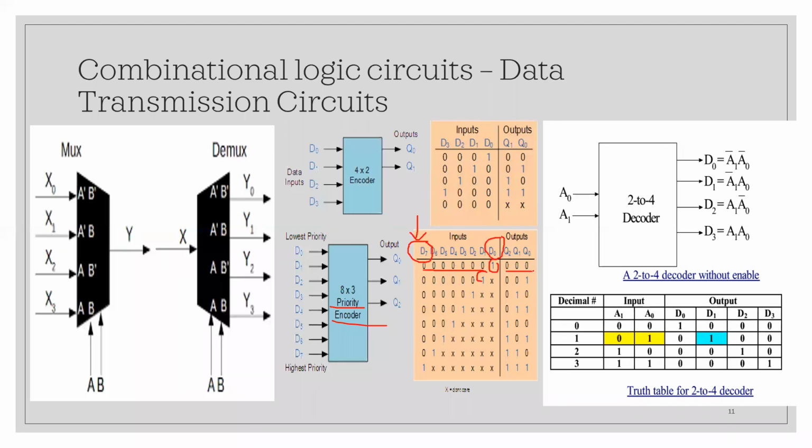Then only the output is 0, 0, 0. Now if D0 is 1 and D1 is 1, D0 doesn't have any importance, because D1 is of higher priority, because of which the output turns out to be 0, 0, 1. So we don't have any such conditions over here. Here it is 0, 0, and this is 1, whether this is 1 or 0, but this part is being satisfied, so I'll be getting 1, 0.